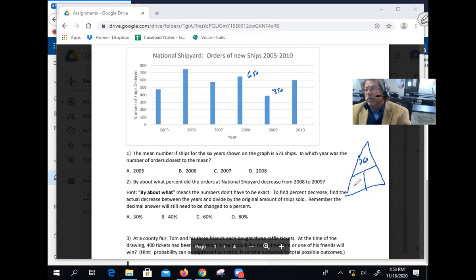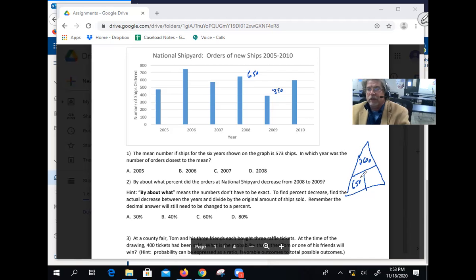And remember, your base is always the original amount. 2008 is the original amount, and then it went to 390. So I have to use the 650 here. So it's 260 and then 650. 260 has to be divided by 650.